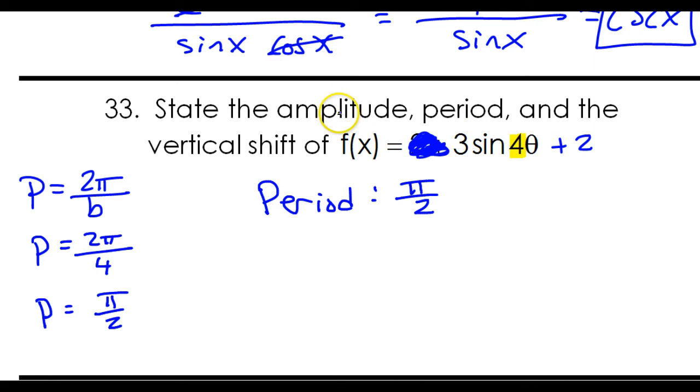What else do they want? The amplitude. Amplitude is always simple. It's always positive. It'll be this number here in the front. But even if this were -3, we'd still say the amplitude is +3. Okay, amplitude, period. What about the vertical shift?